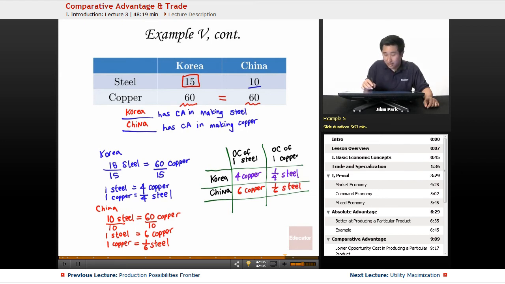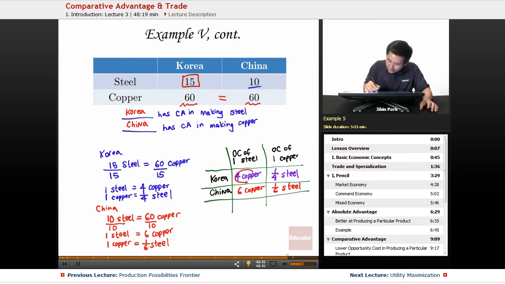Again, this might seem like a small thing, but if you don't have the labeling, you're going to get confused and you're not going to be able to make sense of what the point is in doing these math equations. Again, the point of doing this really isn't about the math. It's to organize and understand where the opportunity costs are. So the opportunity cost is 4 copper to make 1 steel in Korea and 6 copper in China.